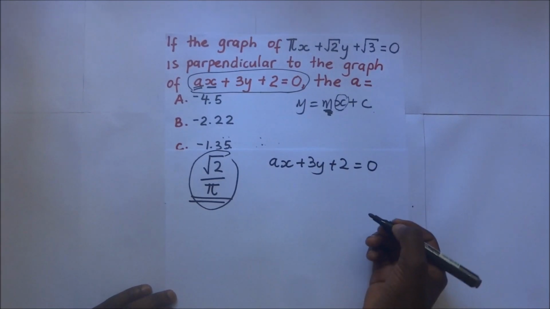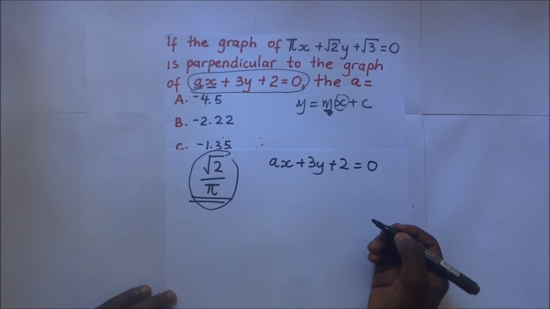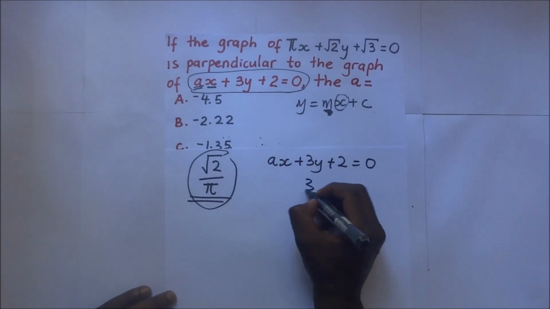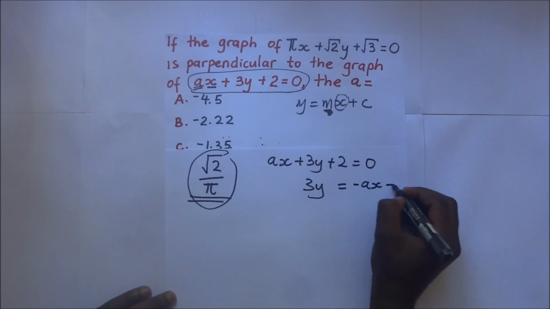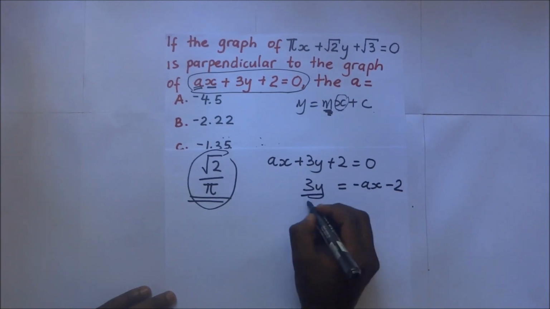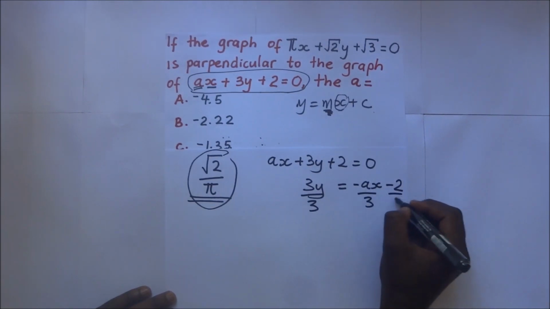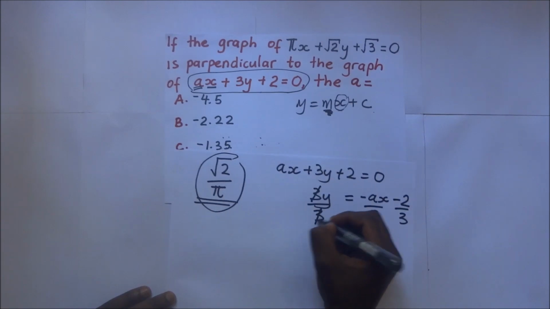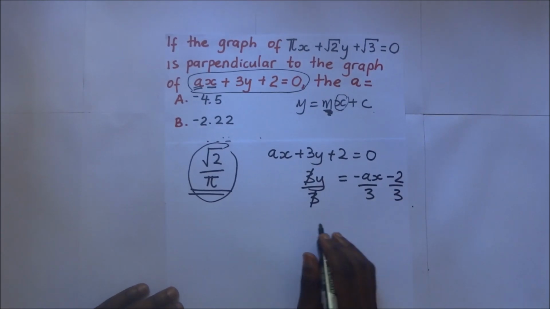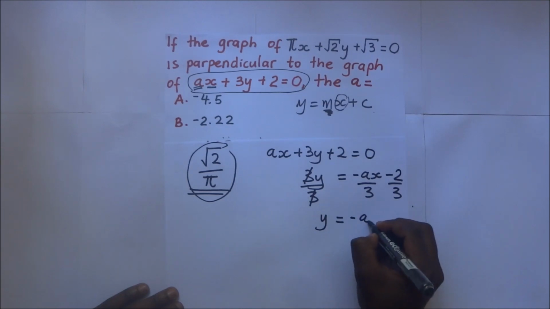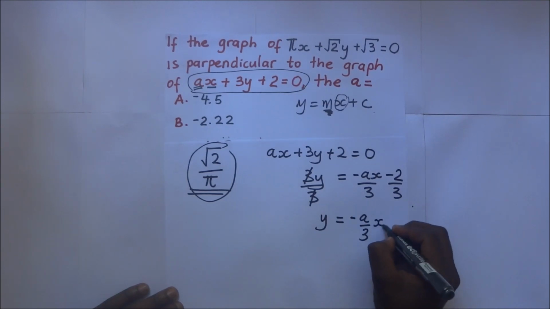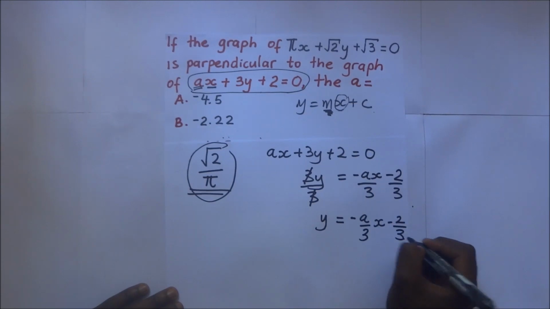This is going to become 3y equal to negative ax minus 2. Divide both sides by 3. Our value of y becomes negative a over 3 x minus 2/3.